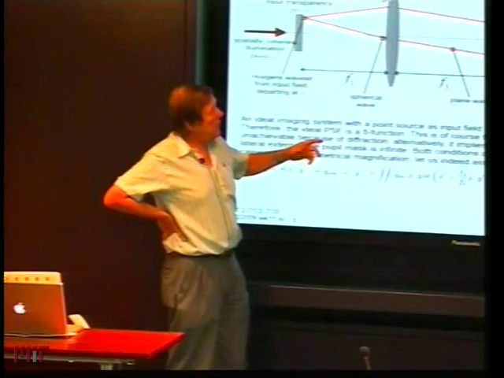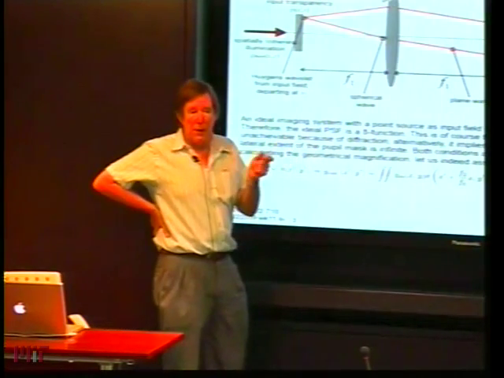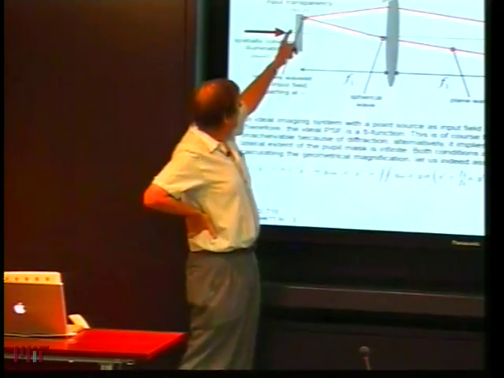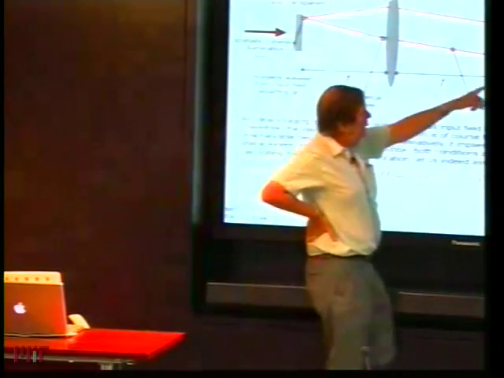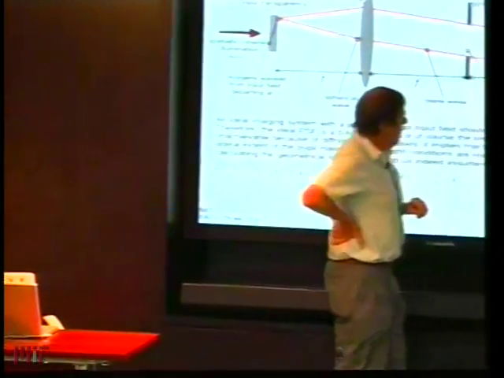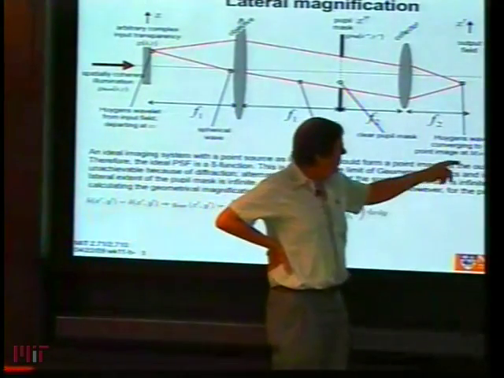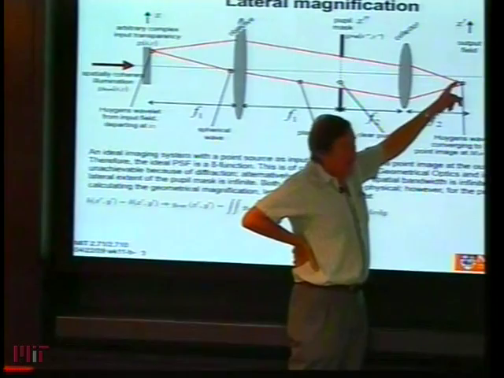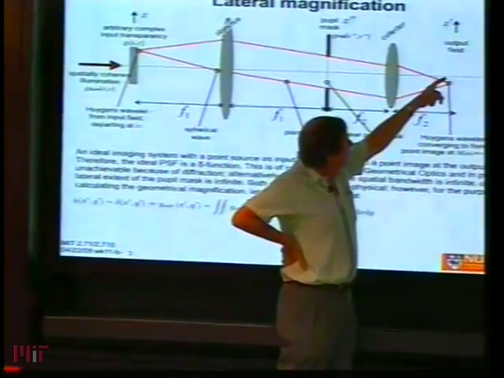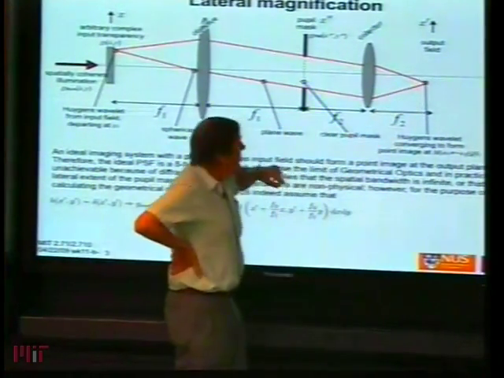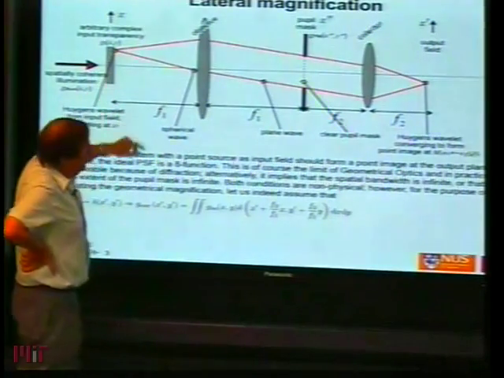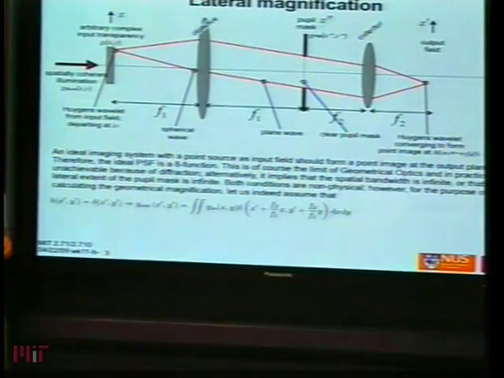If you think of the point spread function as being a delta function, the image of our point here would be a point here. And we've already found where that point is. It's a point on the opposite side of the axis, and the distance is scaled relative to this one by the ratio of the focal lengths.